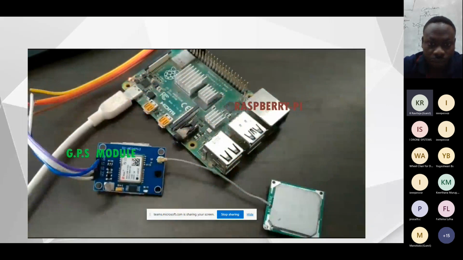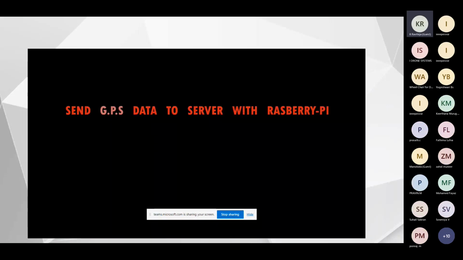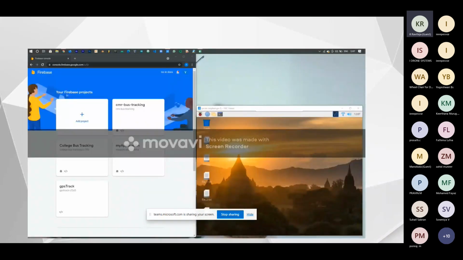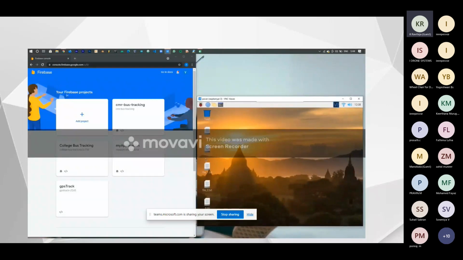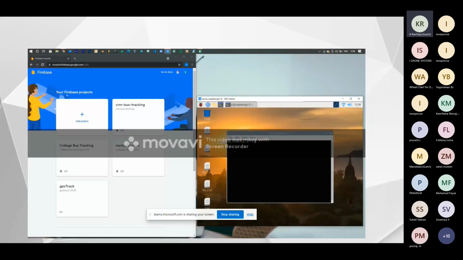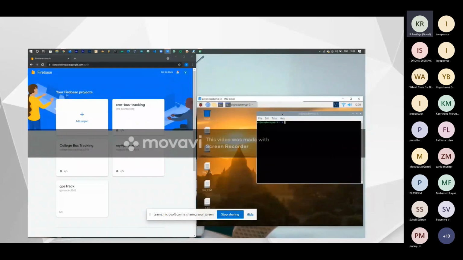This is the setup of our device. The left side screen is the Firebase server, which we have used.